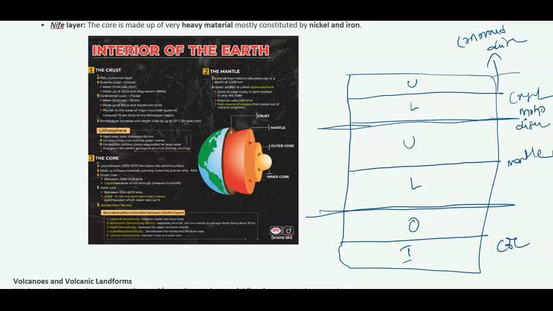Between the upper mantle and the lower mantle, the boundary is called the Repetti discontinuity. Between the lower mantle and the outer core, the boundary is called the Gutenberg discontinuity. Between the outer core and the inner core, the discontinuity is called the Lehmann discontinuity.